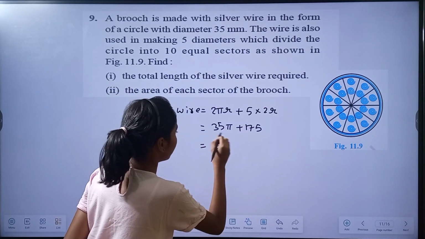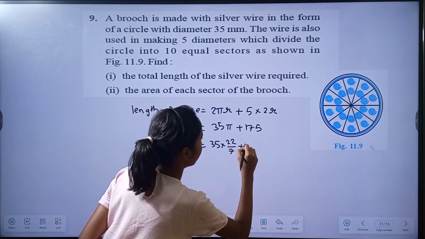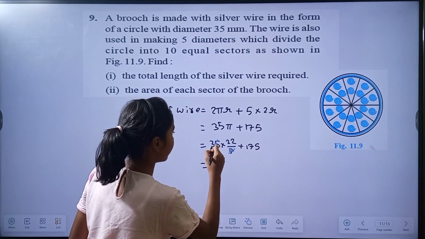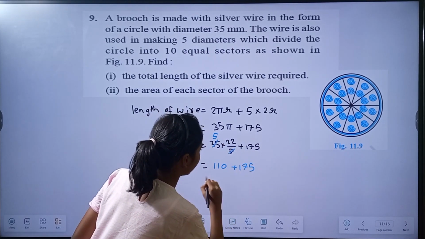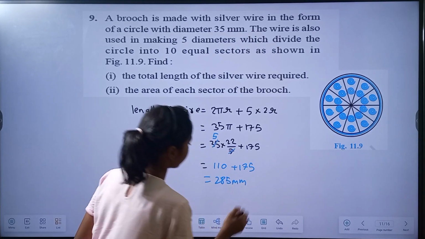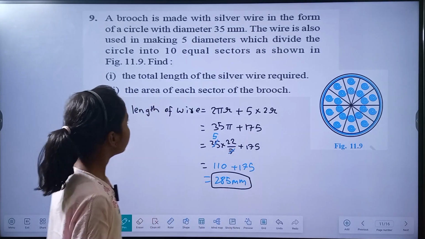This is equal to 35 into 22 by 7 plus 175. By cancelling, we get 5 into 22, which is 110, plus 175 equals 285. 285 millimeters is the length of the silver wire required.